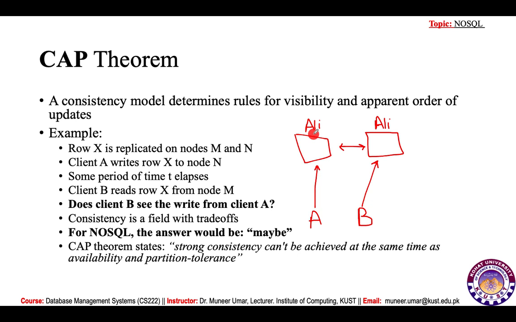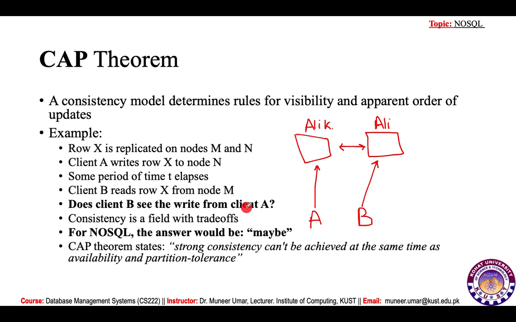Now A writes something here, and let's say it changes this name to Ali Khan, while B reads this item as Ali.